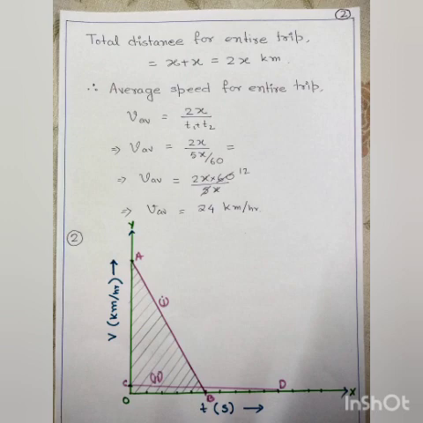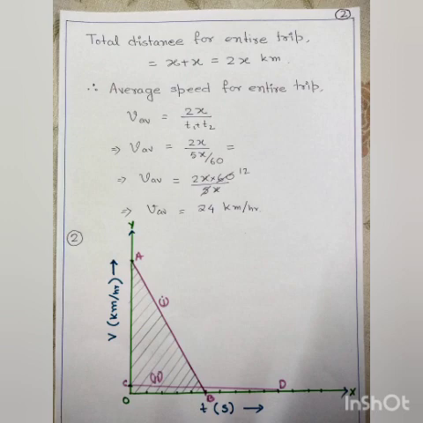Clear? Now our next question, number 2. A driver of a car traveling at 52 km per hour applies the brakes and decelerates uniformly. The car stops in 5 seconds.